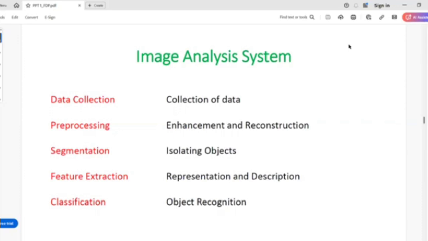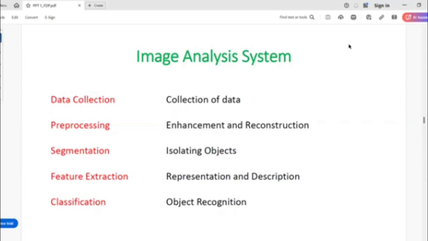The data collection gives raw data. After pre-processing, this is the data which we'll use for analysis. Before analysis, we need to extract the exact portion that is required for analysis. That is done by segmentation, which is one of the objectives of this FDP, that is isolating the objects.